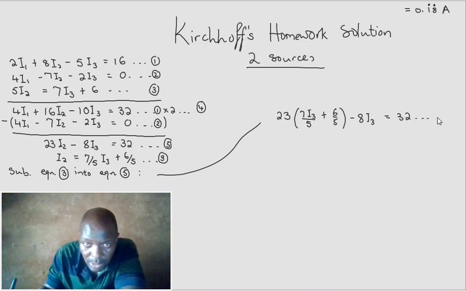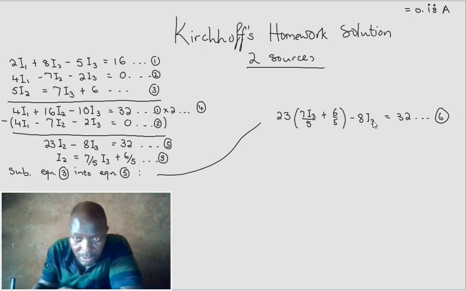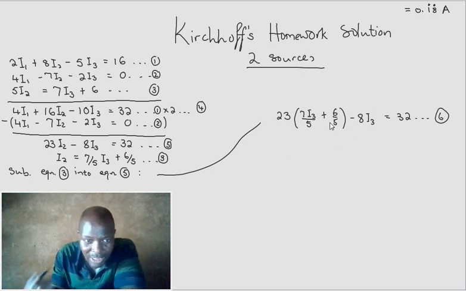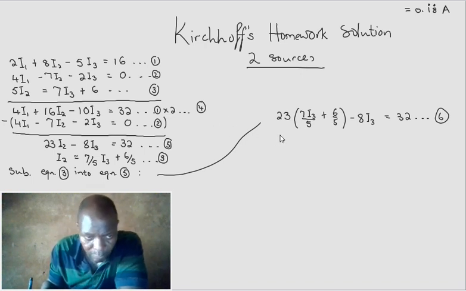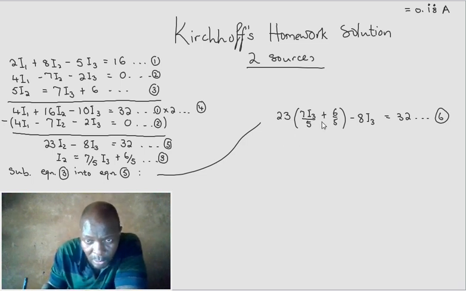I'll call this equation 6, but I'm solving now. Okay, now the current I want is I3. That's why I wanted to remain I3, because the current on that leg that we are calculating for was I3. If you go back to that example, you will see that we're working out the current for I3 through the 2 ohm.